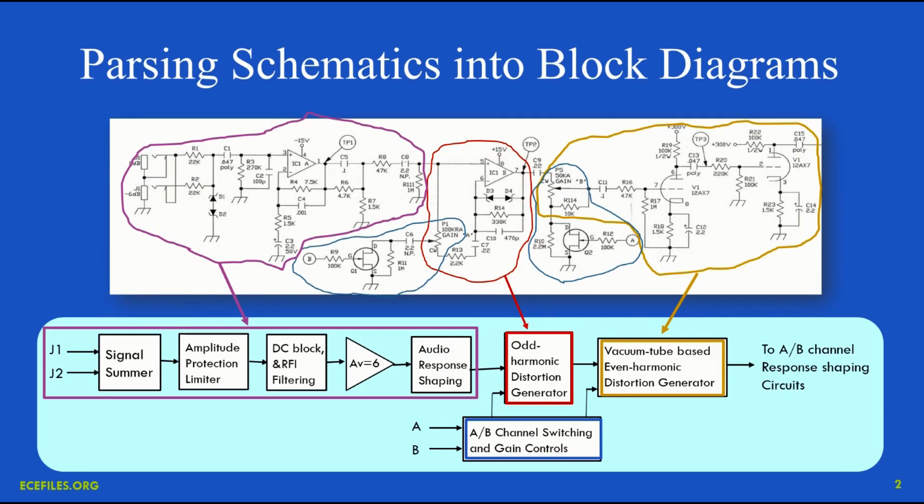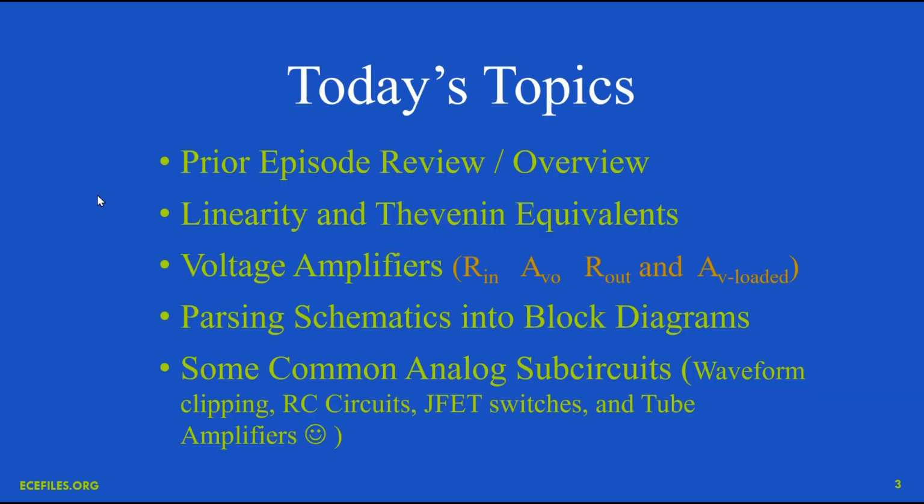So that's it for part 2 of episode 4. We've made our way all the way through this portion of the schematic for the guitar amplifier. More importantly, we've covered many topics that are important in understanding just about any analog circuit.